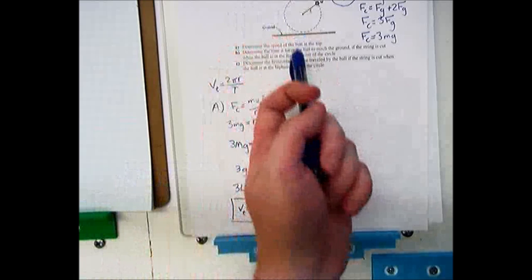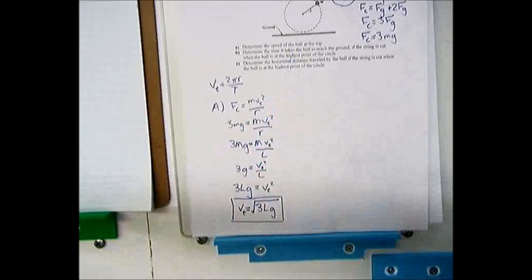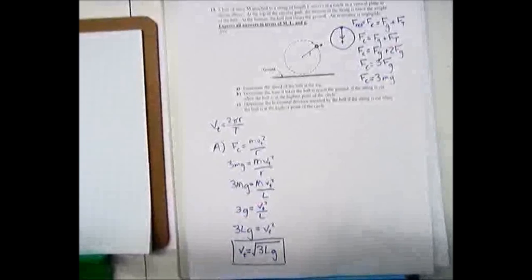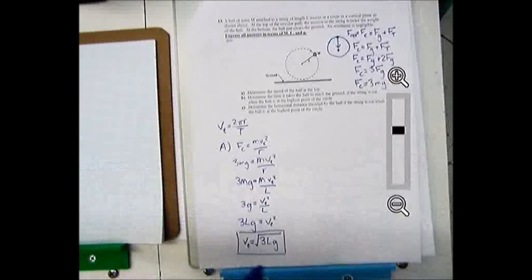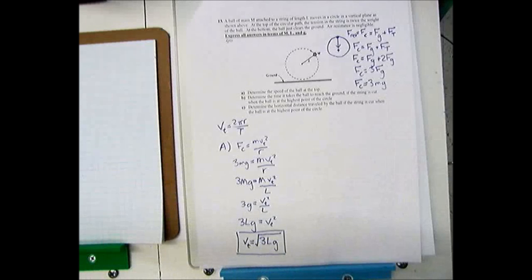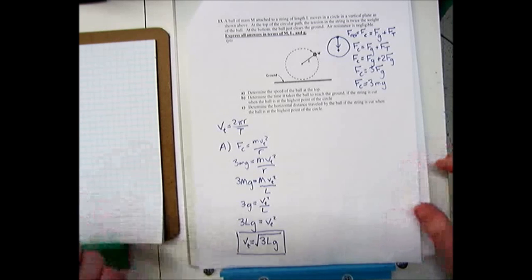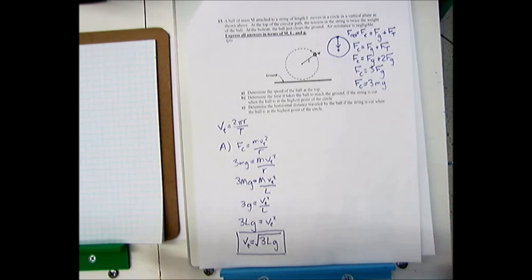If you ever did run into this problem again, if you ever saw it again and they gave you an actual radius and a mass, well, all you need is the radius for this one. If they gave you a number, you can just plug that in very quickly and get your numerical answer, right? Unfortunately, that's not the case. The people who make the AP exam, they like to confuse high school students. So you do see these pretty often, right?